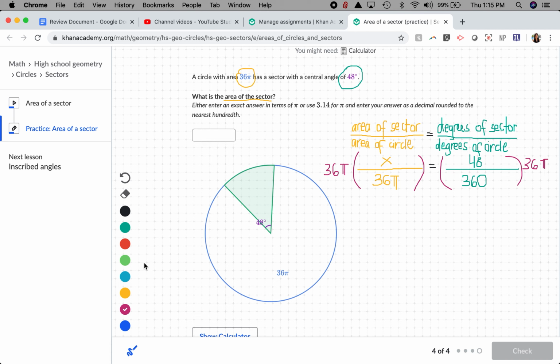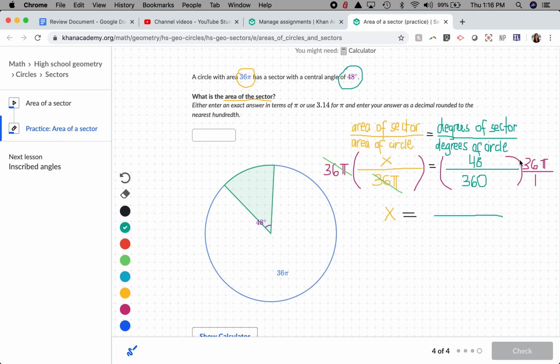Okay, now what happens? 36 pi and 36 pi divide into 1, so it cancels out. We're going to have 1x, or simply x, being equal to whatever product results from this. Now remember, 36 pi is the same as 36 over 1. So for us to multiply these two quantities together, we're just going to multiply numerator times numerator and then denominator times denominator.